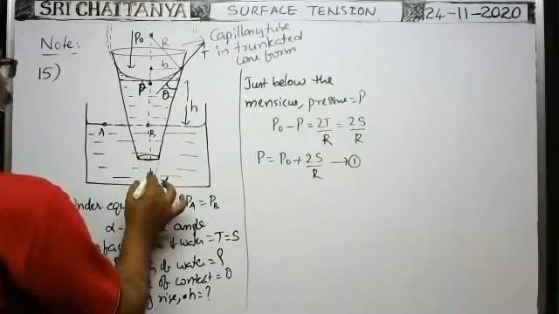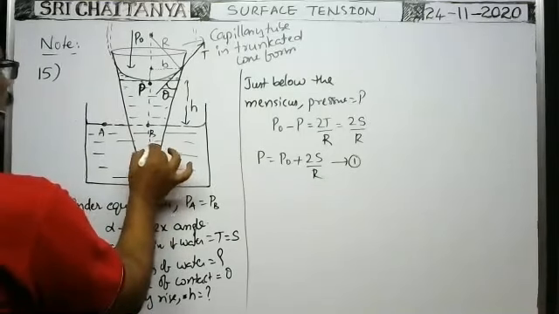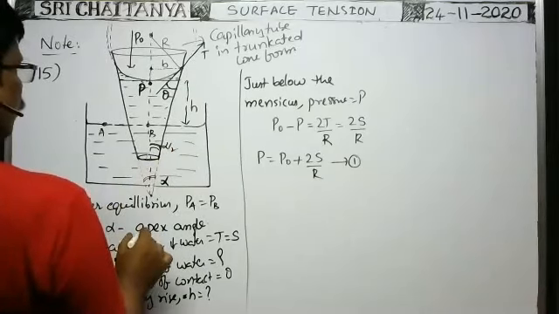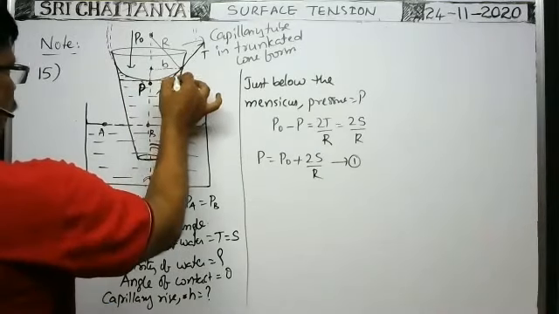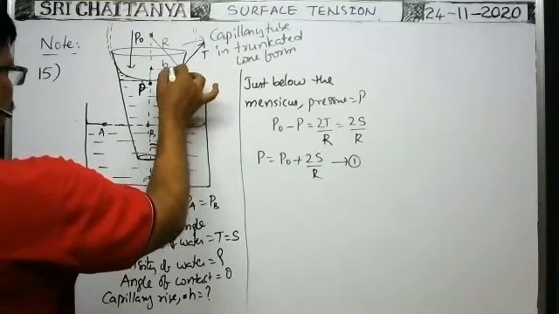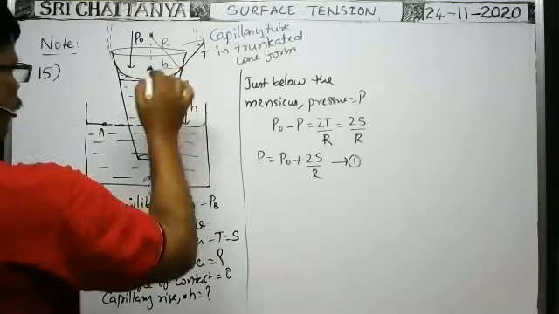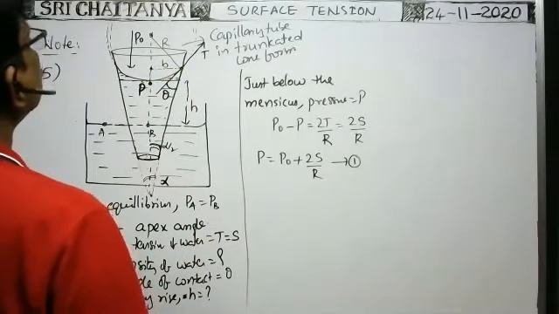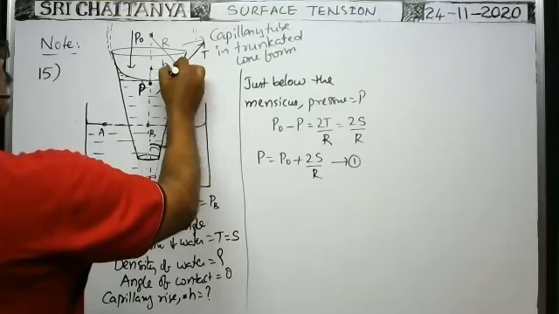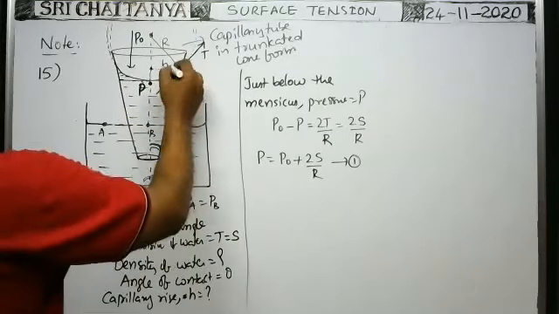If it is alpha here, then this is alpha by 2. So this angle is, sorry, 90 minus alpha by 2. If it is 90 minus alpha by 2, then what about this angle?